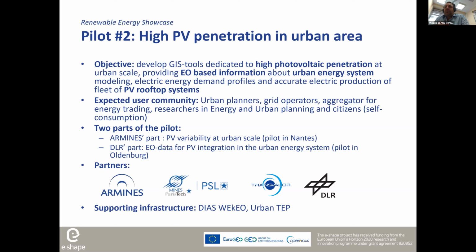And we have this pilot 2 about high PV penetration in urban areas. The partners are MINES ParisTech, ARMINES, Transvalor, and DLR, the German aerospace center.